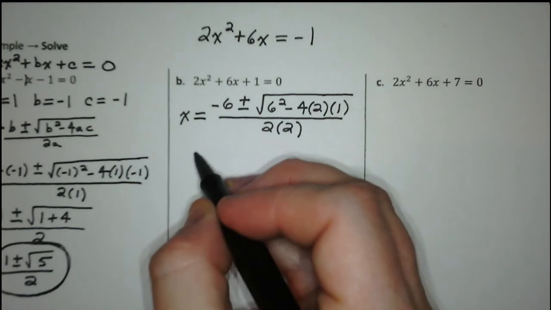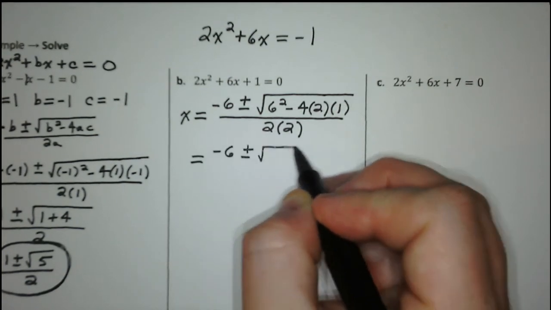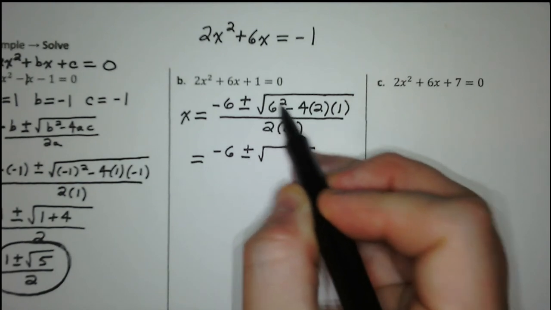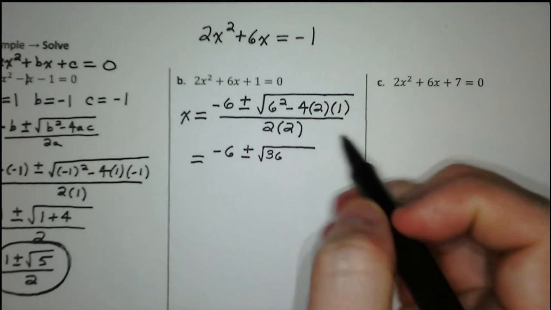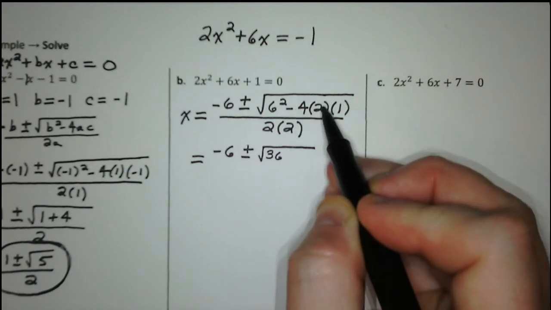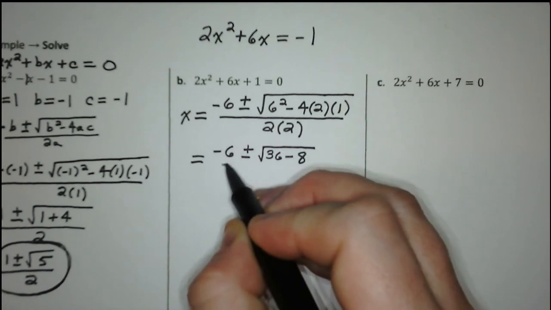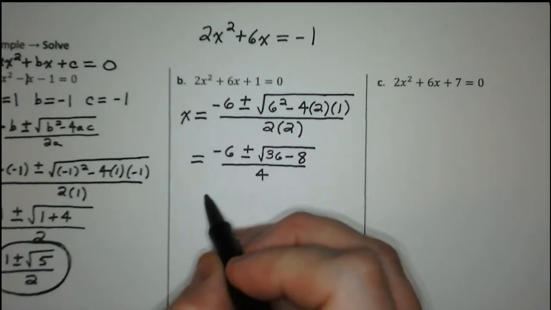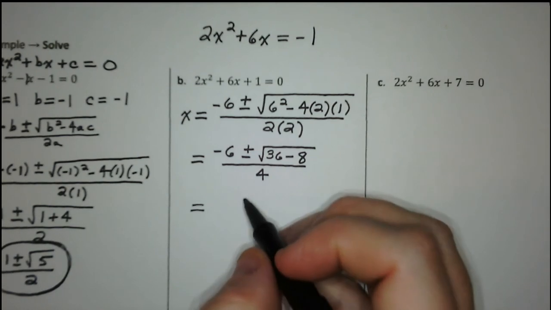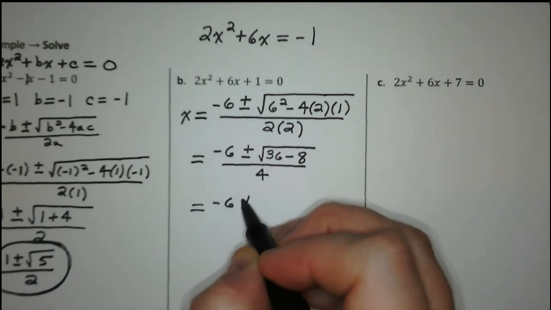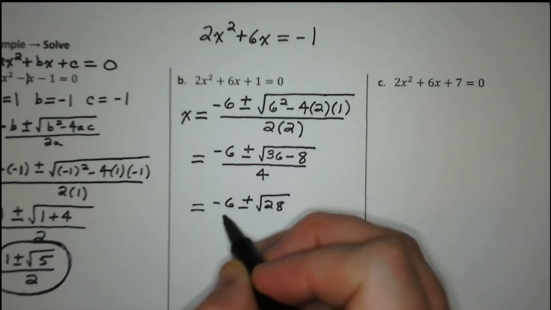Anyway, so negative 6 is just negative 6. 36 minus, so it's a negative 4. Oh, I might as well write this down. Negative 4 times a positive 2 times a positive 1, that's minus 8 all over 4. So 36 minus 8 is 28.